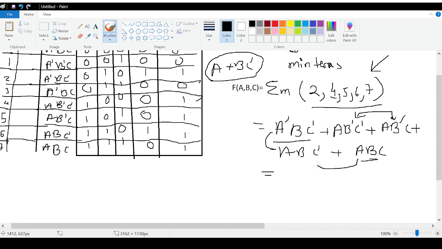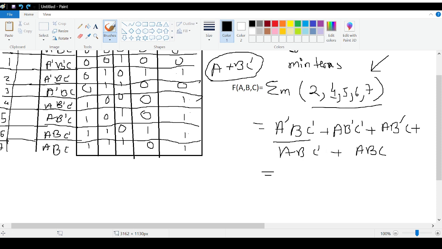This term can also be taken common with this. So I see that this term can be taken common with this, and it can also be taken common with this, right?